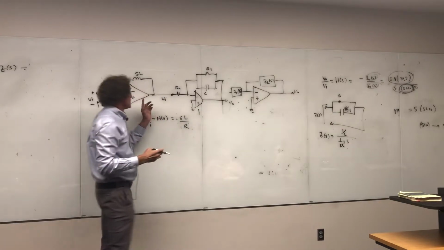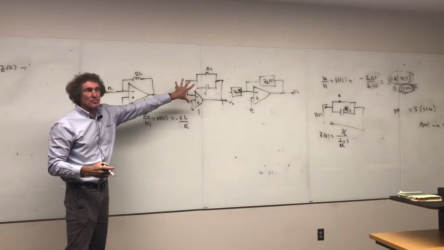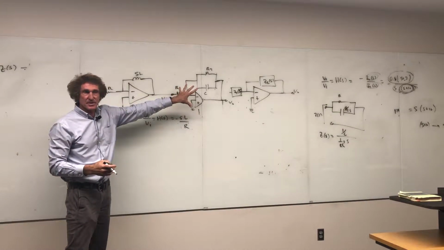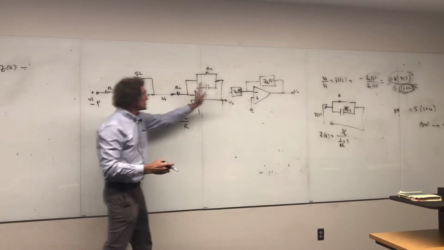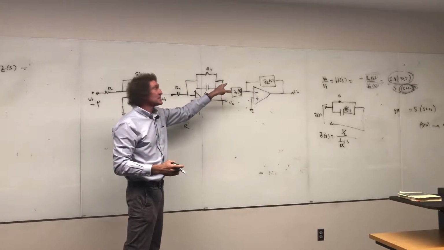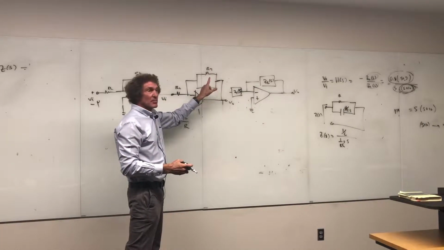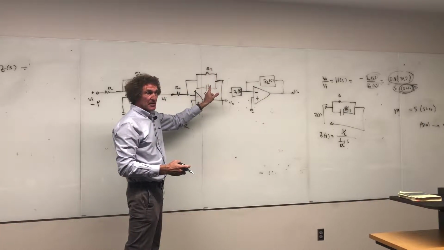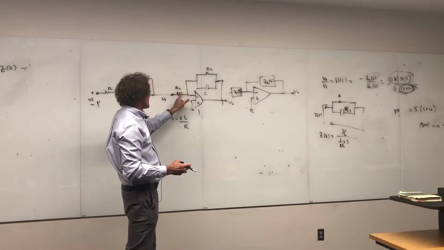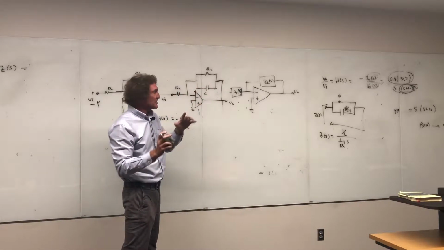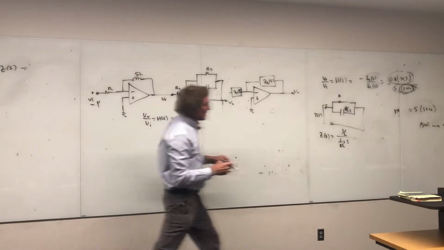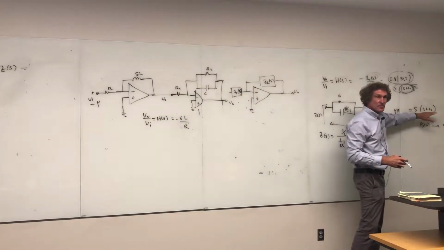Now, when you feed this output into here, it's just multiplying by that transfer function. Do you all see this? Well, this one's transfer function is going to be minus this impedance, which is minus 1 over R3 plus SC, right? Divided by R2. And now you have the exact form you want to realize this function right here. Do you follow me in this class?